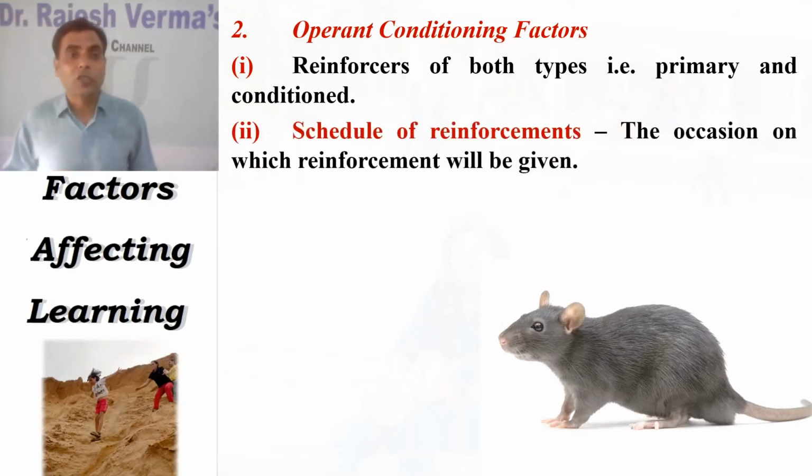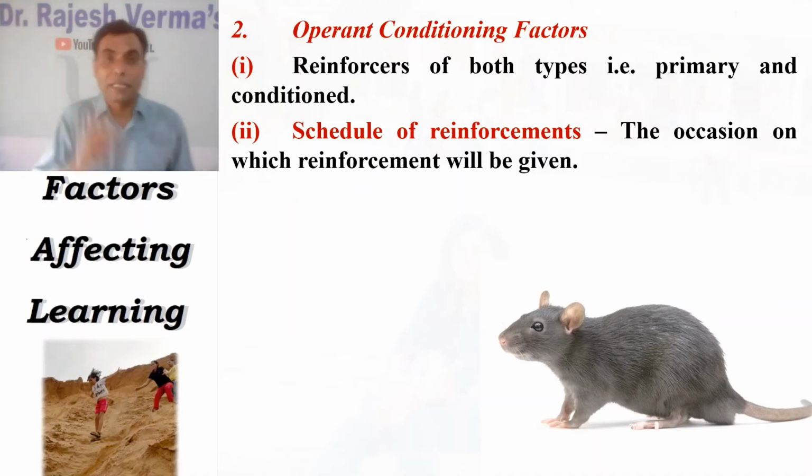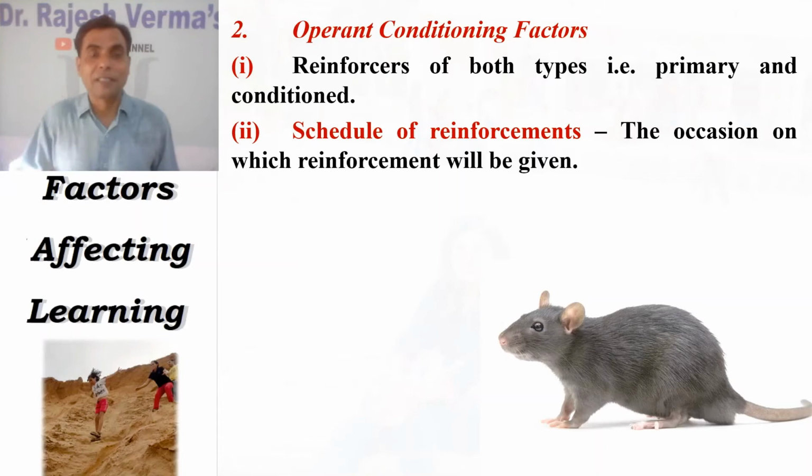The second one is the schedule of reinforcement, the occasion on which reinforcement will be given. Schedule means there is a time gap, or sometimes after a number of trials the individual or organism is presented with the reinforcement.